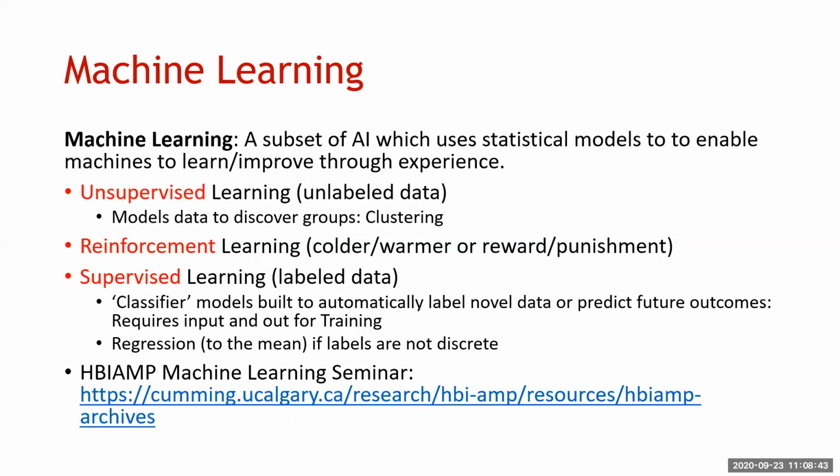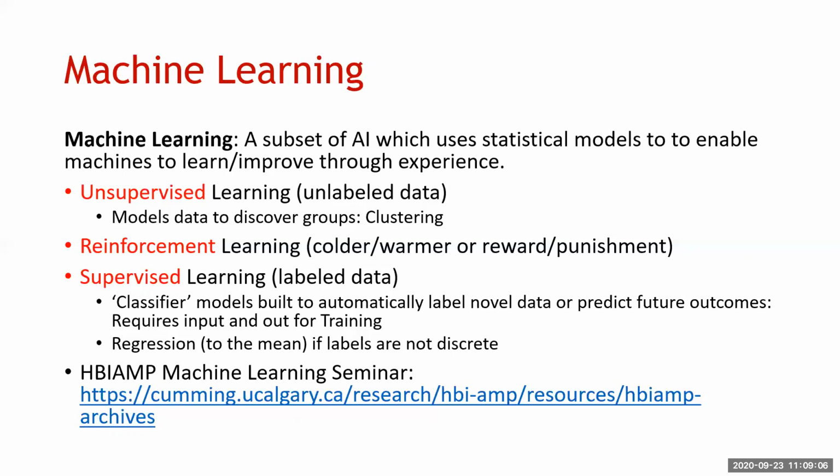So machine learning can basically be broadly categorized into three classes. Firstly, unsupervised machine learning, where the data that you input is unlabeled. When you do something like that, you're looking for clustering.